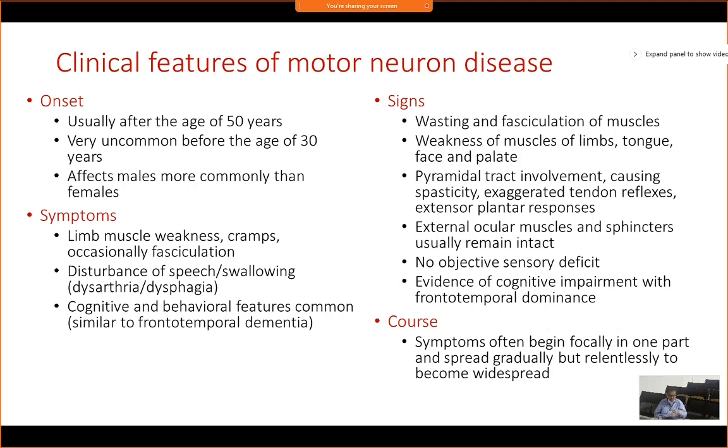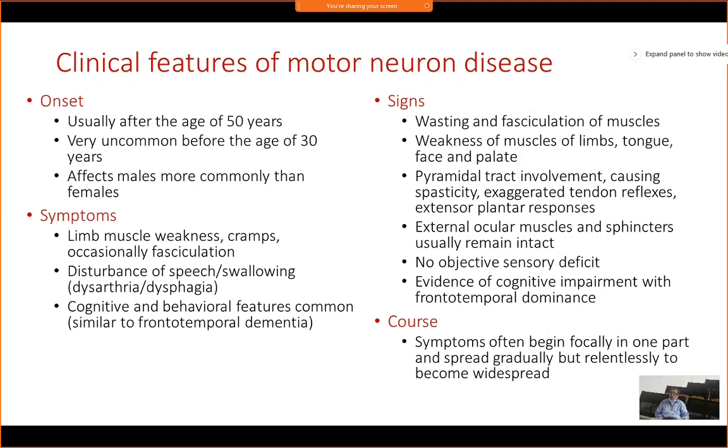Among the signs, you will find signs of both upper motor and lower motor neuron involvement. Signs of lower motor would be gross wasting of the muscles with fasciculation and loss of tendon reflexes. And pyramidal tract involvement will give rise to spasticity, increased tendon reflexes and plantar extension. So these two features will be found concurrently in the same person in the same areas.